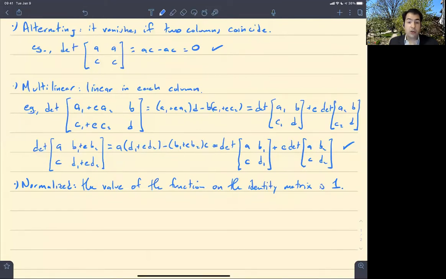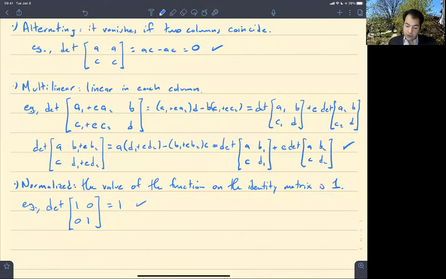So we're going to want the determinant of the identity matrix to be equal to 1. We say that a function from matrices to elements of the field is normalized if it has this property. And so let's check that our ongoing example, the 2 by 2 determinant, does have this property. So the determinant of the identity matrix is indeed 1.